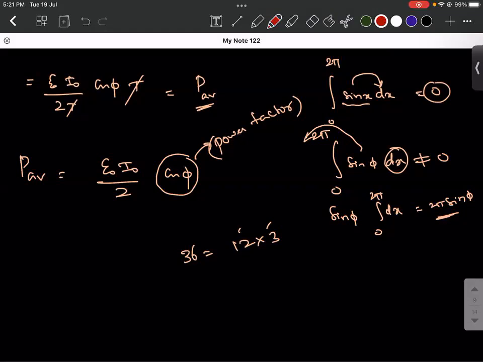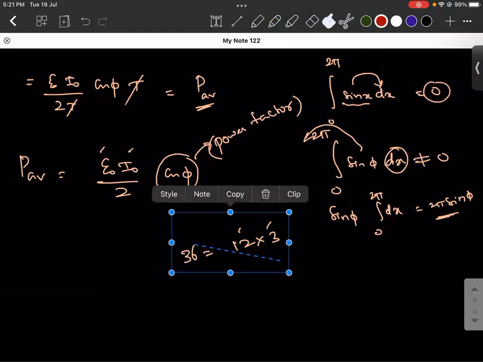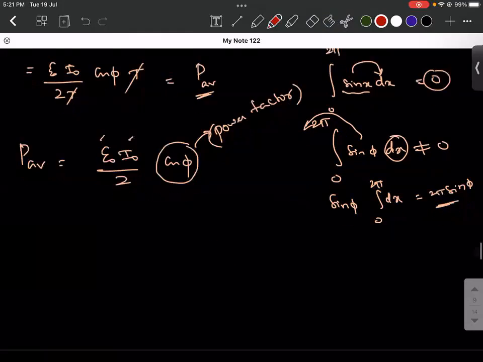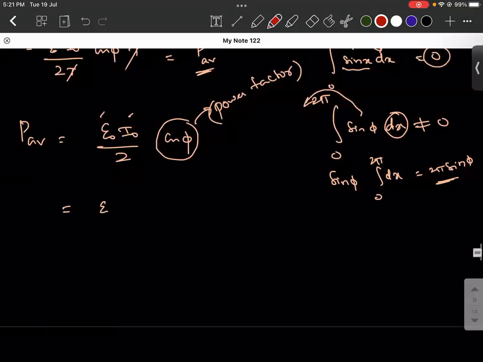In a similar way, the average power consists of E naught, I naught, and cos phi. That cos phi is the one which decides the value of power. That is why we call it the power factor. Right? So can I write this as E naught by root 2 into I naught by root 2 into cos phi?